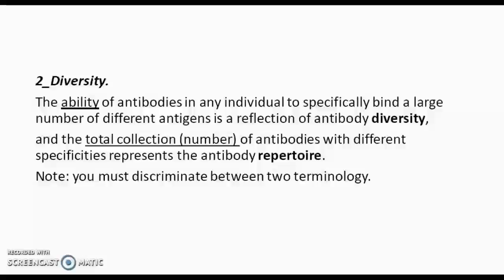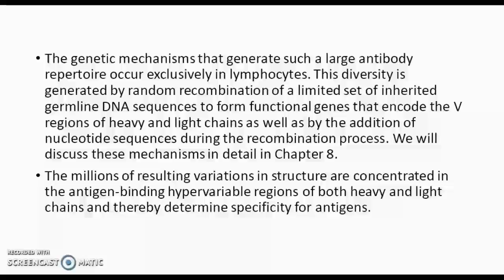Then, secondly, the diversity. The ability of antibodies in any individual to specifically bind a large number of different antigens is a reflection of antibody diversity. The total collection of antibodies with different specificities represents the antibody repertoire. The genetic mechanism that generates such a large antibody repertoire occurs exclusively in lymphocytes.